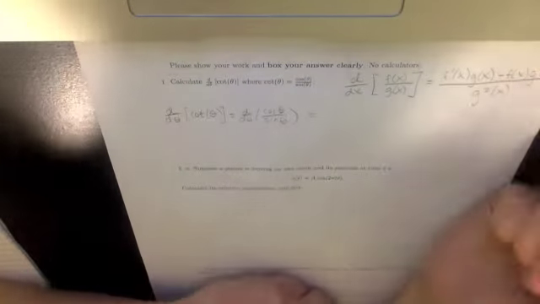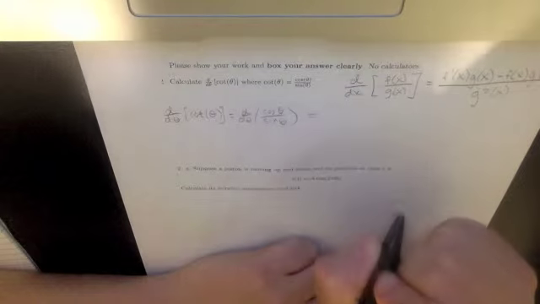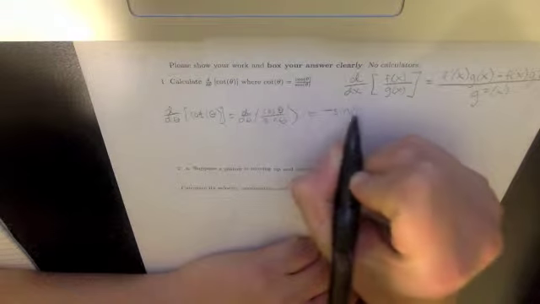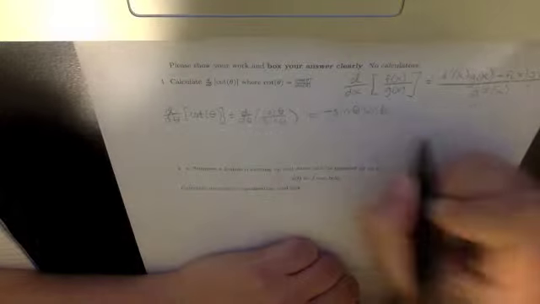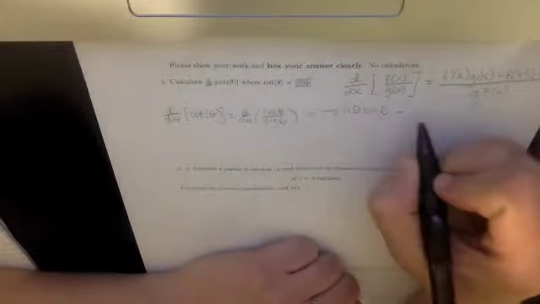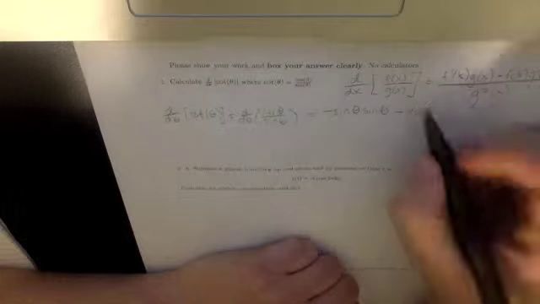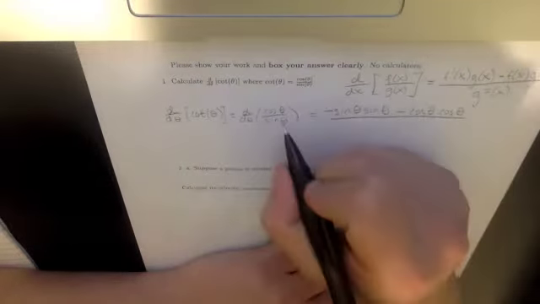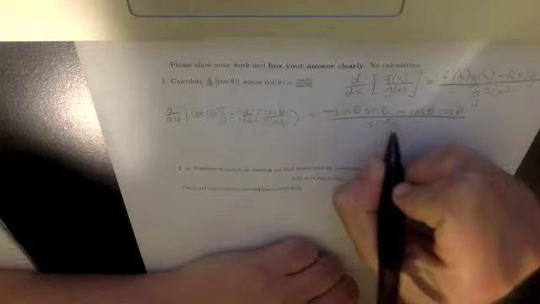And now applying our quotient rule, this is the derivative of the function on top, cosine of theta, which is negative sine theta, times the function on the bottom, which is sine of theta, minus the function on top, which is cosine of theta, times the derivative of the function on the bottom, which is also cosine of theta, all over the function on bottom squared, so sine squared of theta.